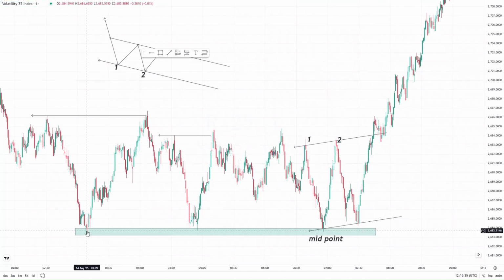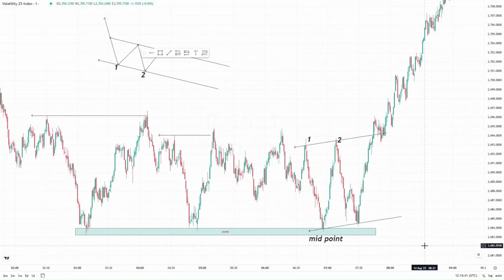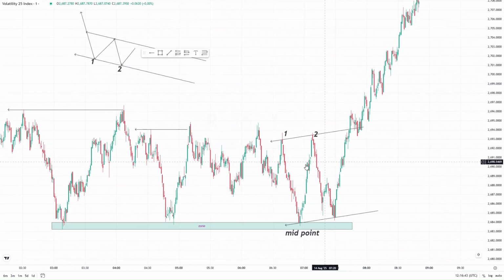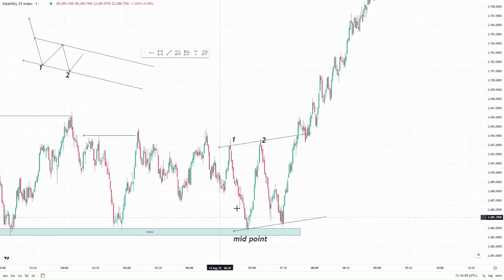Because price is failing to break this zone right here, which is a zone. So price has been failing to break below this zone. Now we're noticing this pattern, and it's pointing upwards. It's an upward trend-like direction, right?